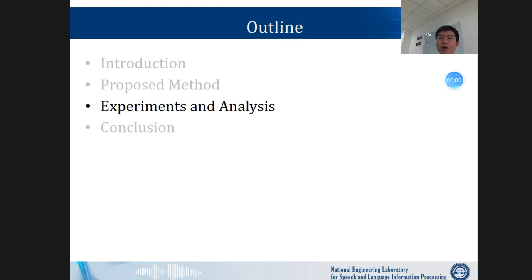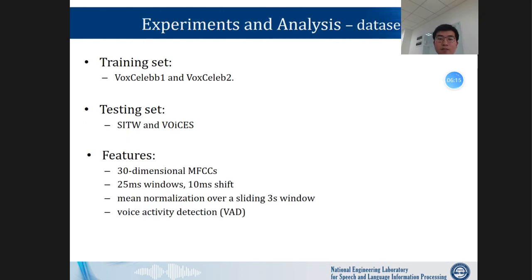Okay, we have shared our technique. Now, let's begin to show the results of our experiments and analyze them. First, I should clarify the datasets used in our experiments. The VoxCeleb database, including VoxCeleb1 and VoxCeleb2, is used for training. Since a few speakers are included in both the SITW and the VoxCeleb datasets, these speakers are removed from the training dataset.